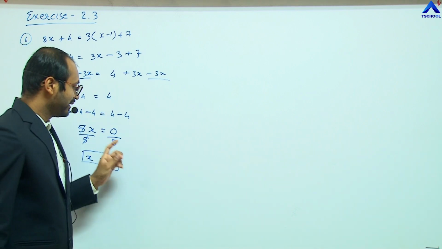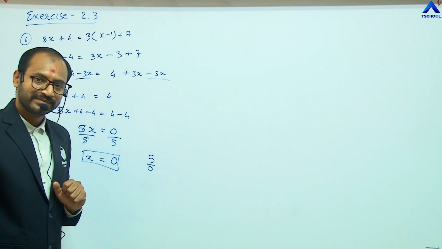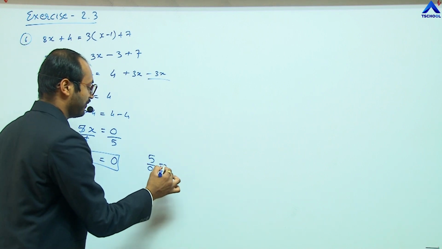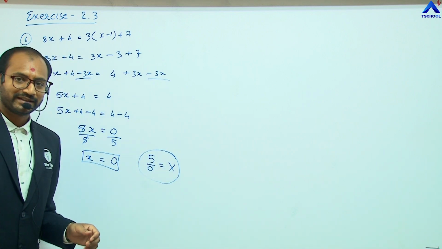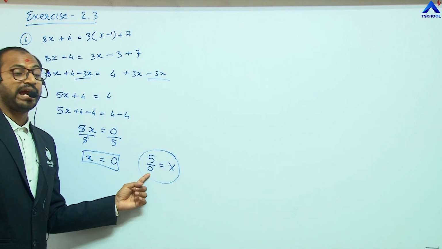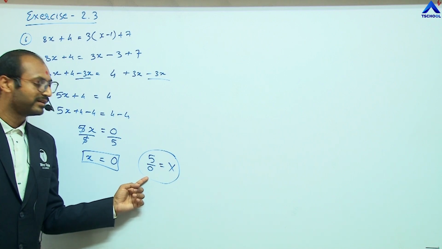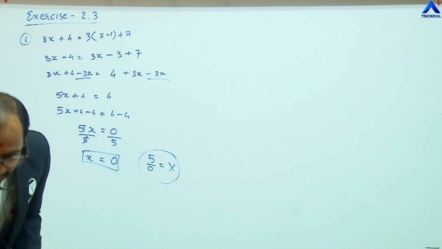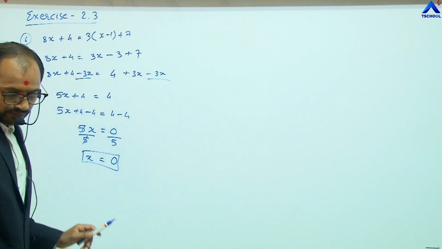But what is the answer of 5 upon 0? This is undefined. We cannot solve this problem. Clear? So this is excluded from rational numbers.